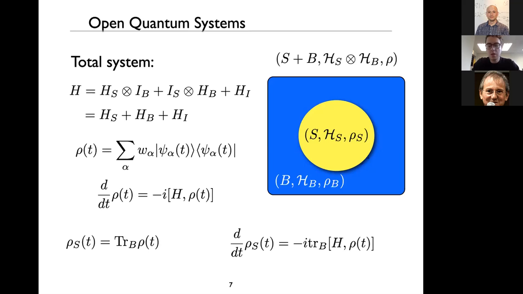By doing so, we can write down a general equation of motion, given in the bottom right, for our reduced density matrix rho S. So for any open system interacting with some environment, we're able to write down an equation of motion for the reduced density matrix of our system.